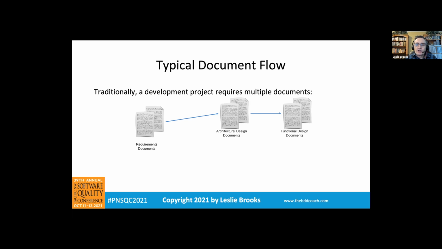And then you have test cases, which are written from the requirements documents. And then you need a requirements traceability matrix to show you, when you execute those test cases, which requirements now have passed and which ones are still failing.